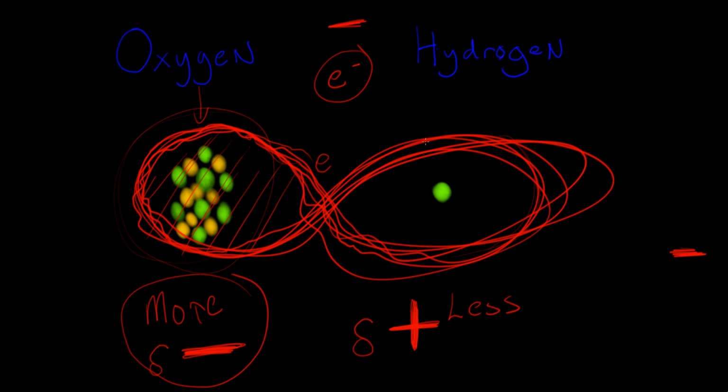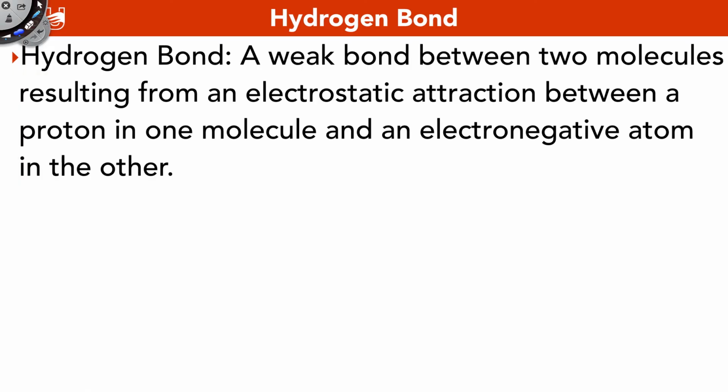Because it's an unequal sharing, and it doesn't have that negative species around the hydrogen very much, it's going to take on a partial positive charge. Okay? So that's the idea of electronegativity, that certain atoms hog electrons or will hold on to electrons for a longer period than other atoms.